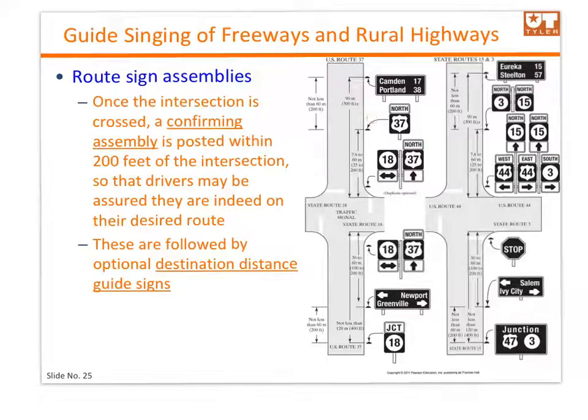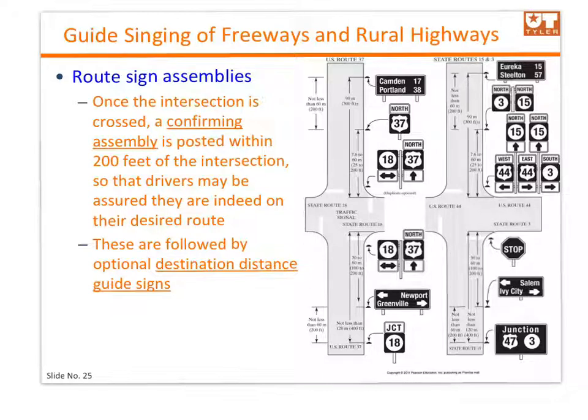Again, this is assuring you that you are on the right route, and they are typically posted within 200 feet from the intersection so that drivers may be assured that they are indeed on the desired route, and if they made an error, they can easily make the decision to take the next exit and go for the designated route. So it has to be within that 200 feet, just to give the driver an assurance that they are on the right track, or that they need to make changes quickly.